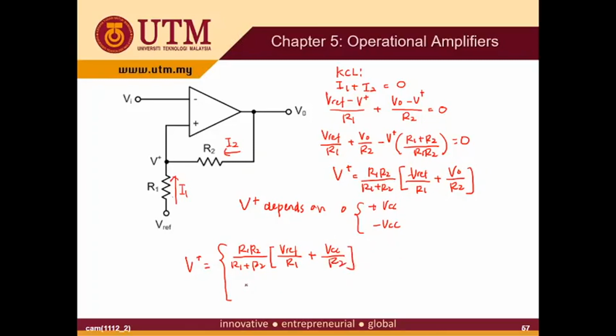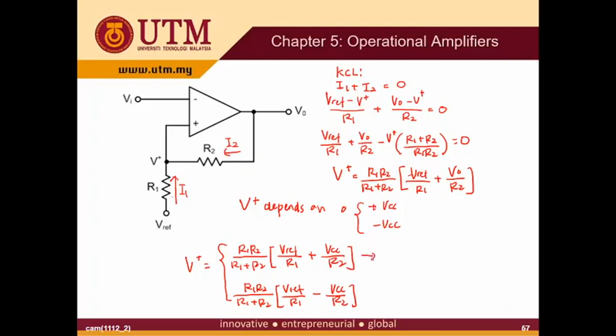The second equation for V plus is for the second condition, where V out is equal to minus VCC. So V plus will have two values, which means this circuit has two transition points: a higher transition point and a lower transition point.